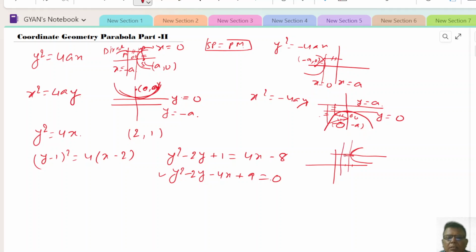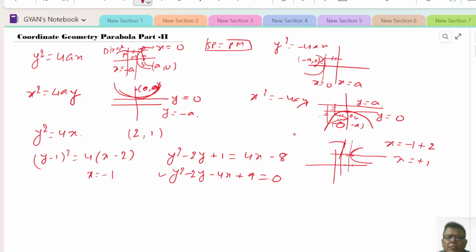Here, the directrix was what? x is equal to minus 1. So here the directrix will become x is equal to minus 1 plus 2, so x is equal to plus 1.